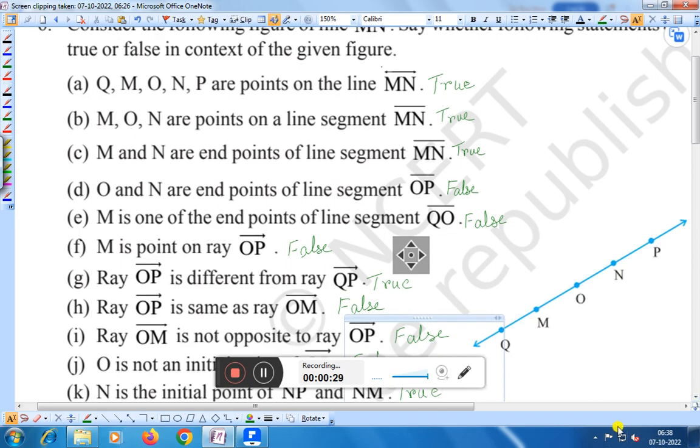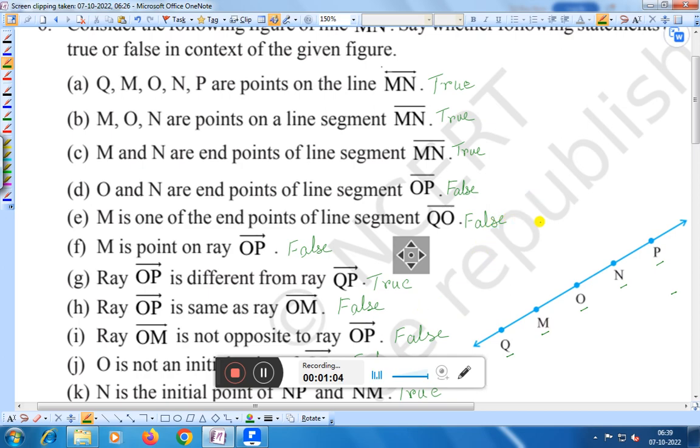This is the line. Now you see question number A. Q, M, O, N, P. Here you see this point is Q, and M, O, N, P. These points are points on the line MN. MN is the line.